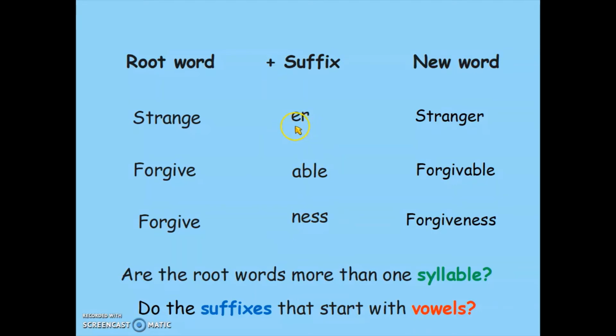Er starts with an E, which is a vowel. Able starts with an A, which is a vowel, but ness starts with an N. N is a consonant, so you don't need to do that rule for that one. You keep the E and just add the suffix on the end. It's really important to look if the suffixes start with vowels.